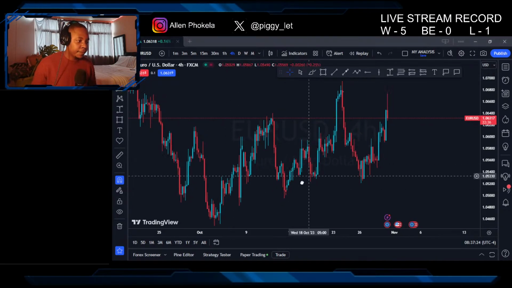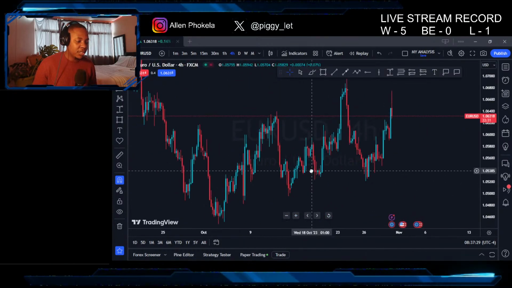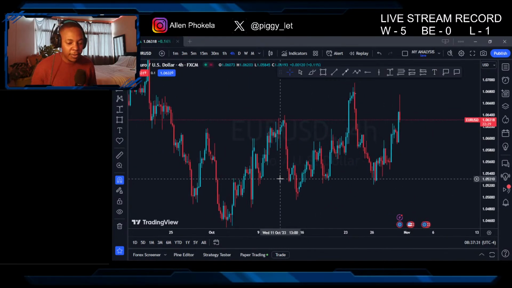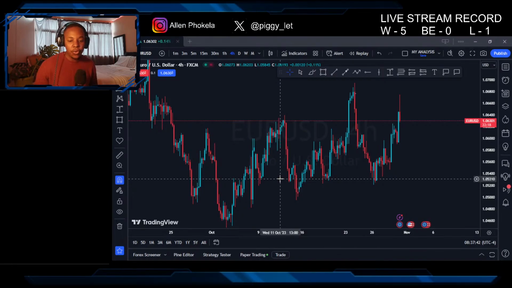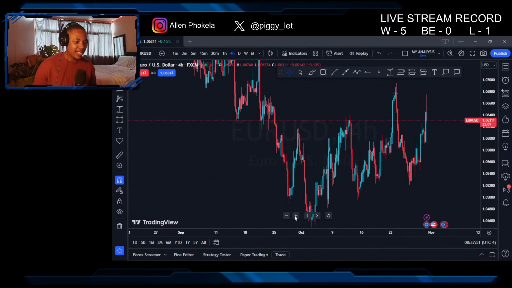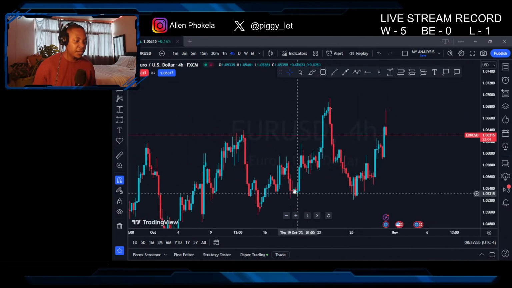So yeah, the London kill zone. This is honestly my favorite, besides New York, it's my favorite session to trade. Mainly because there isn't really crazy volatility, and it's common to get a very low risk trade, aiming for about 25 to 50 pips.